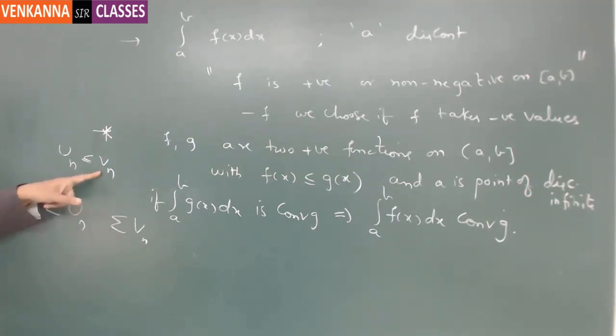If vn is convergent, then un is convergent. In other words, for convergence, we should take the bigger series. If the bigger series is convergent, automatically the smaller series is convergent.